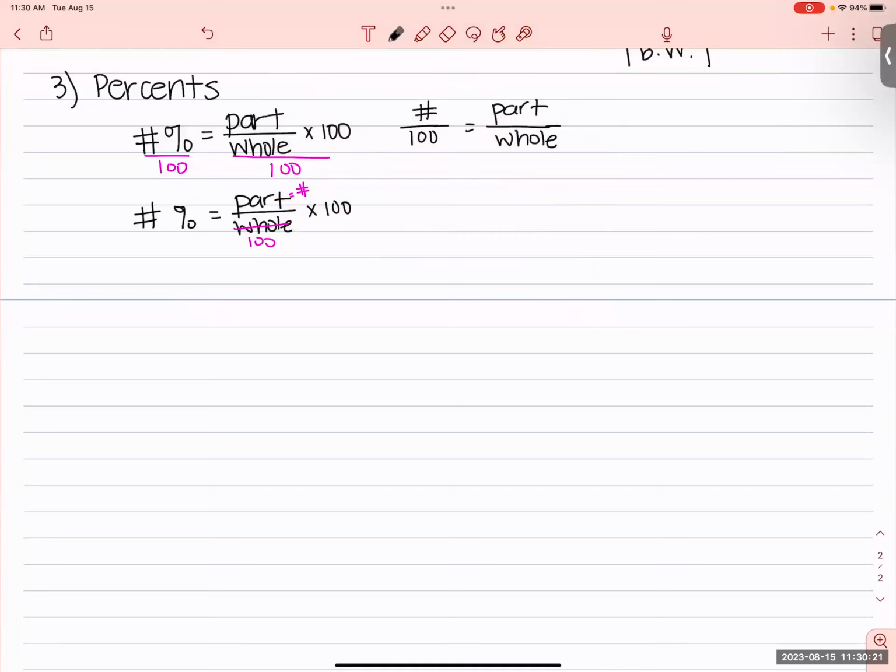So if I have, let's say, 25% of the soda is sugar. Let's write that as a conversion factor. We can do two ways.